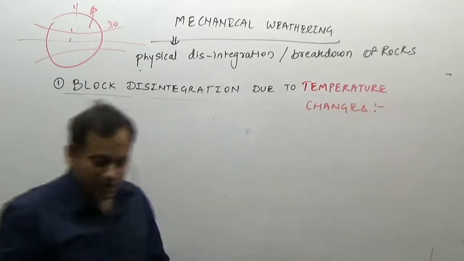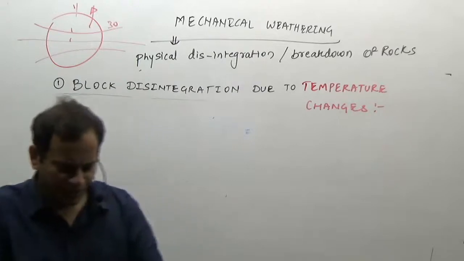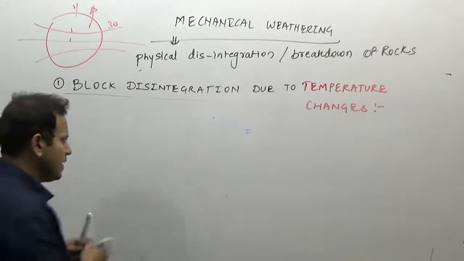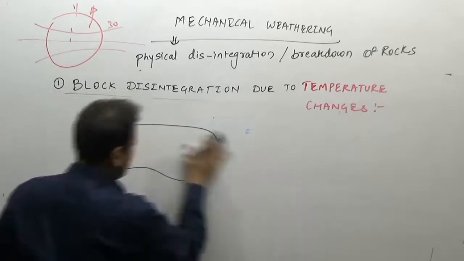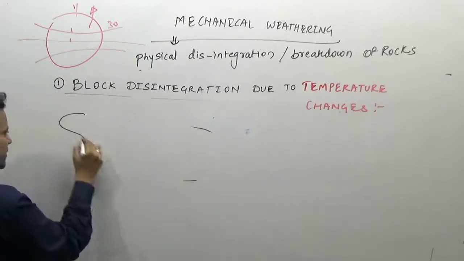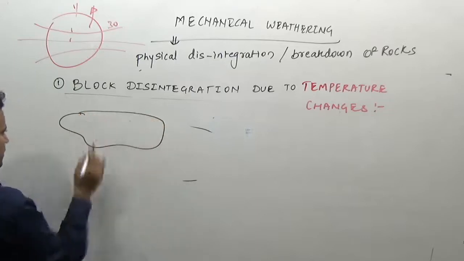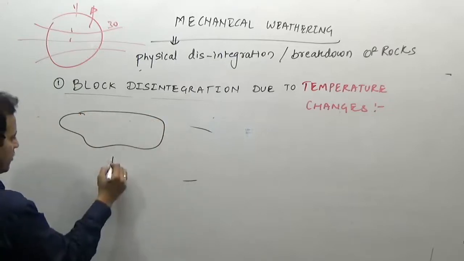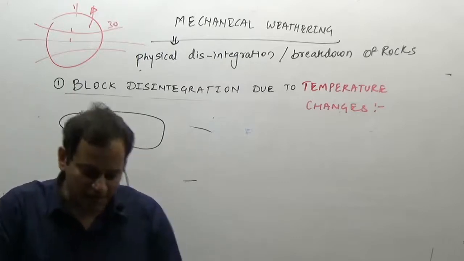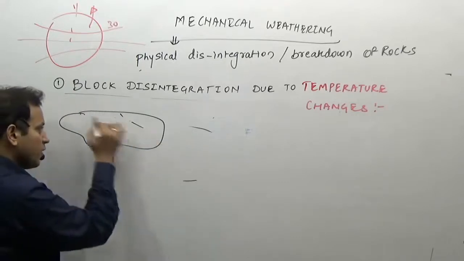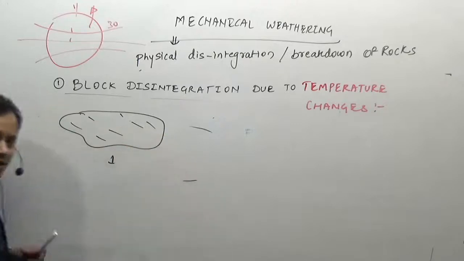Due to temperature changes, in the areas which receive a very heavy amount of insolation, if this is the rock, the outer layers of the rock will receive a very high amount of insolation during the daytime. As a result, only the outer layers of the rock get heated up as compared to the inner layers.